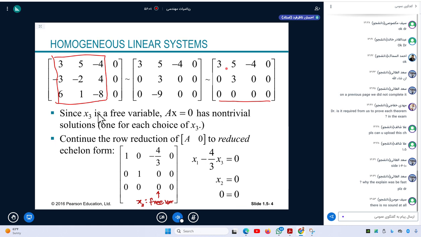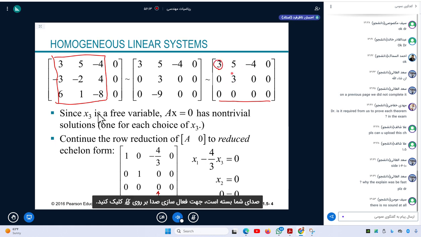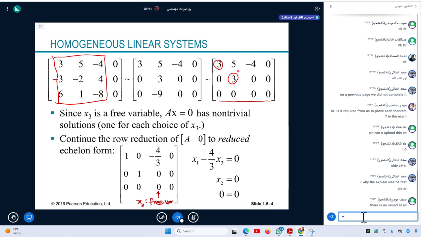Also, if you remember, this is the pivot position, and this is the pivot position, and the first column is a pivot column, and this is a pivot column, but the third one is not a pivot column.